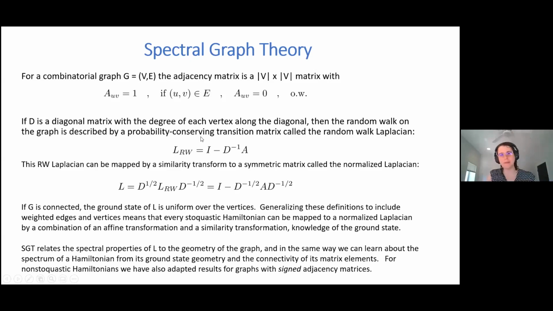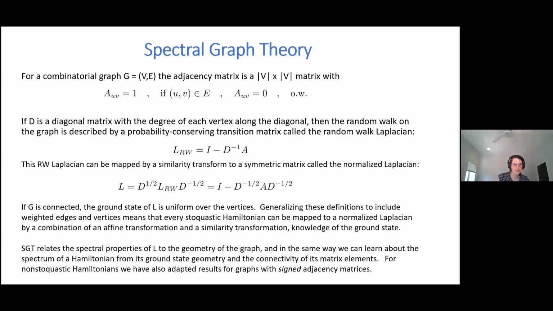I should call it the rate matrix, sometimes called Q in the physics literature. So this random walk Laplacian. The point is that by iterating this on a vector, you conserve probability and you simulate the probabilistic random walk on the graph, where at each step you choose an edge at random and step in that direction.